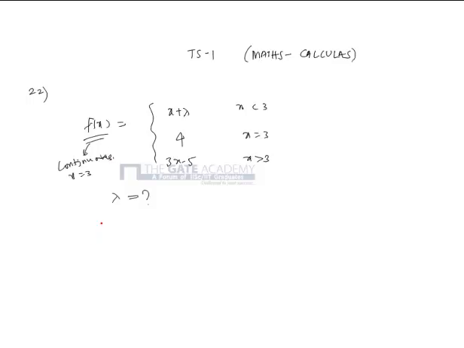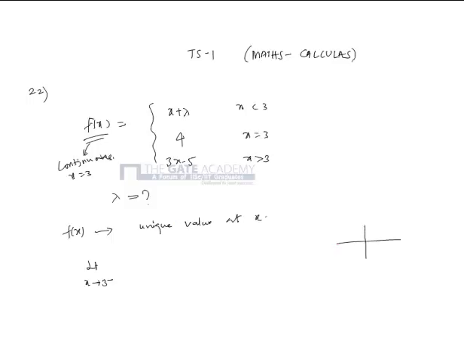In layman's language, f of x is continuous when f of x takes a unique value at x. To put it in a mathematical way, it means the limit when x tends to 3 minus, that means x is approaching 3 from the left side.